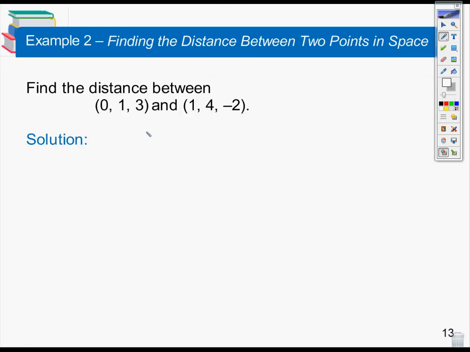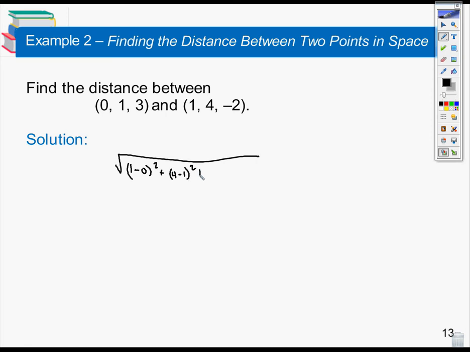So let's try one. I have this particular point x, y, z, and this particular point x, y, z. What's the distance between them? I have to go through my distance formula, and I'm going to do x's: 1 minus 0 squared. y's: 4 minus 1 squared.